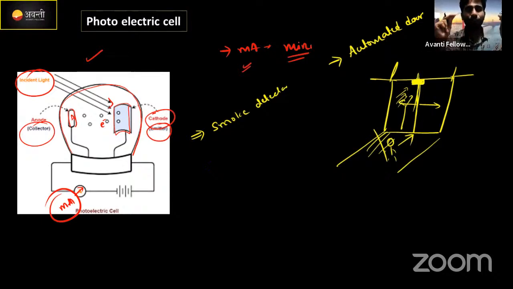Somebody smoking there means due to the smoke some radiation will be ejected. That is enough for the photosensitive cell to detect current. That amount of current will be detected by the photoelectric cell and it will sound the alarm.